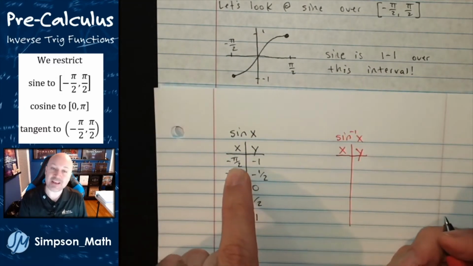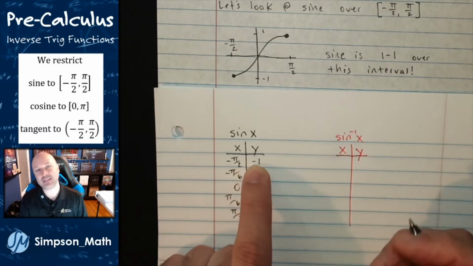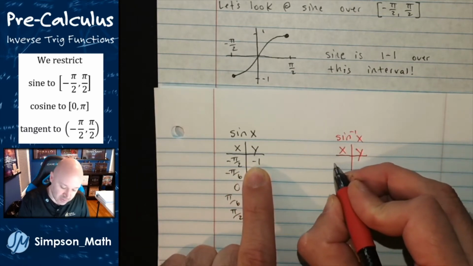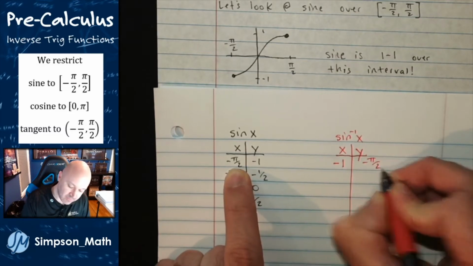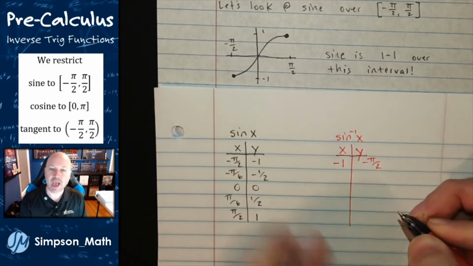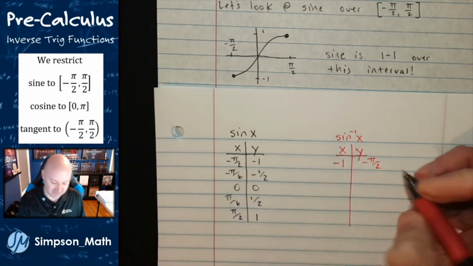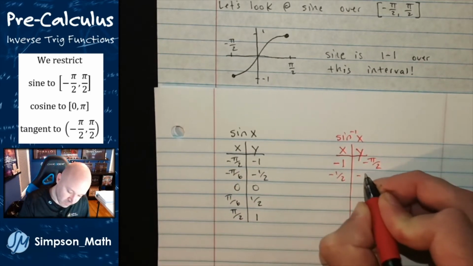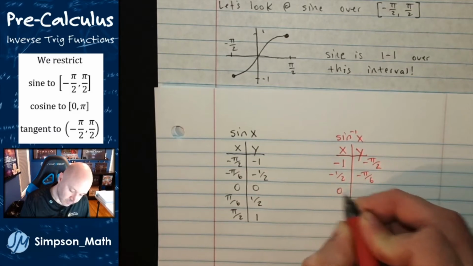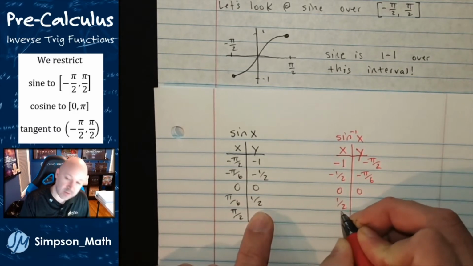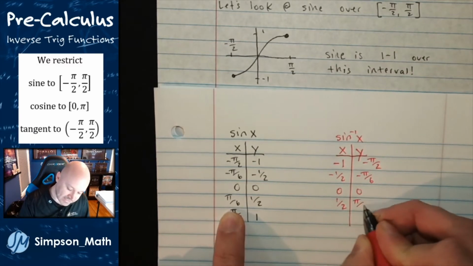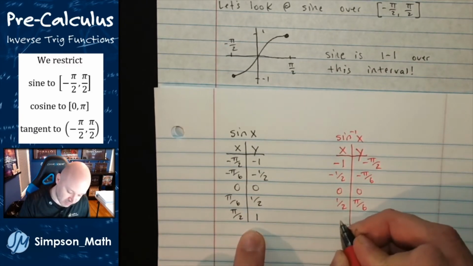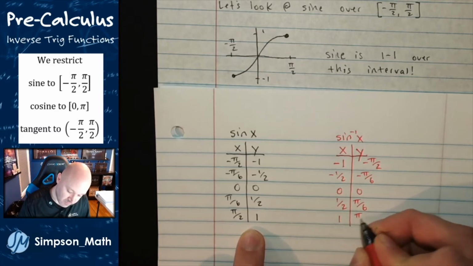So instead of negative pi halves mapping to negative 1, sine inverse will map negative 1 to negative pi halves. I'm just interchanging these values. If I plug in 1/2 into sine inverse, it will spit out pi 6. This is that Dr. Pepper machine going in reverse.